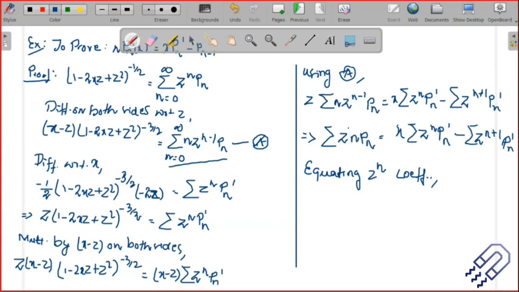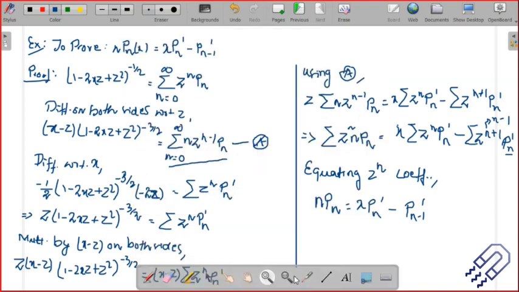So this is n pn, this is z to the power n, so this is x pn dash minus, if I want to write it as z to the power n, this n should be replaced and written as n minus 1, so n minus 1 plus 1 will become z to the power n, so this should also be n minus 1, so this will be p n minus 1 dash. Did we get it? Yes, we got the relation. So this is how we prove the recurrence relation. Proved.